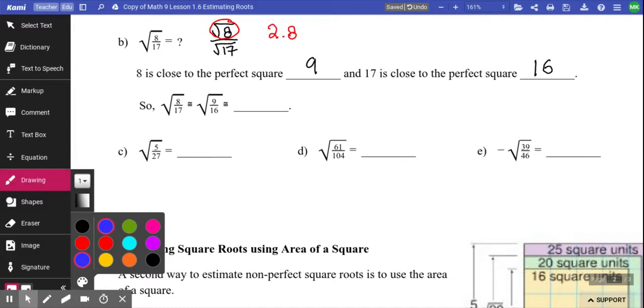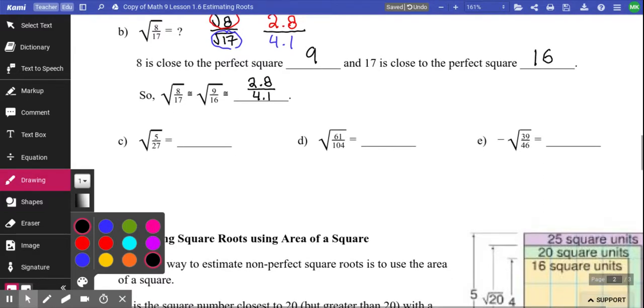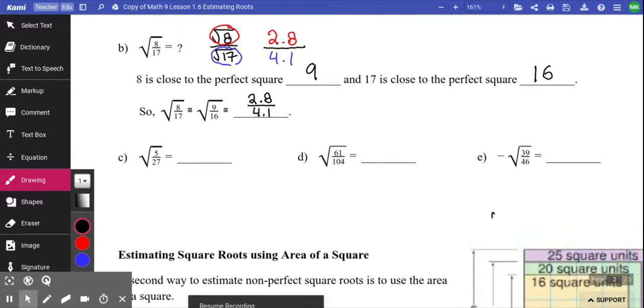Root 17, I'm going to say is 4.1. And that gives me my estimated radical for a fraction of 2.8 over 4.1. Cool. There's 3 right there, all fractions. I want you to give it a shot.